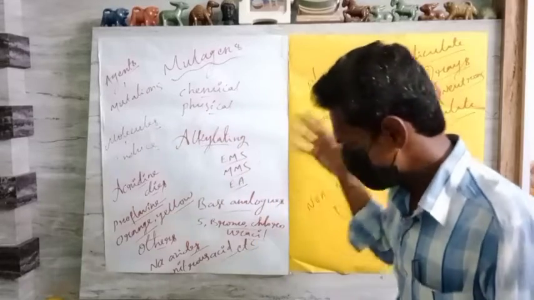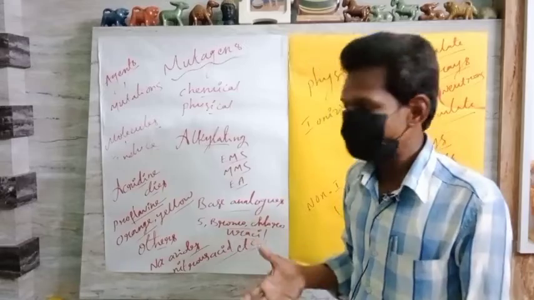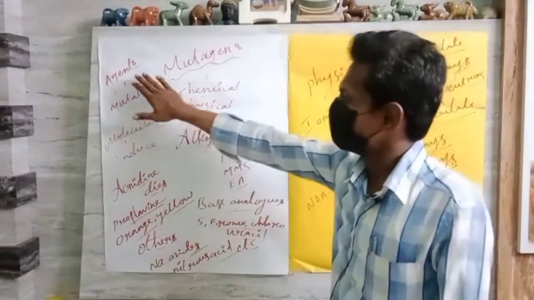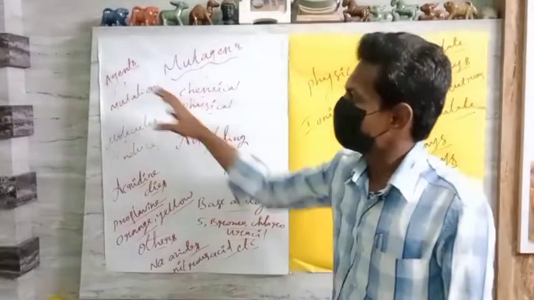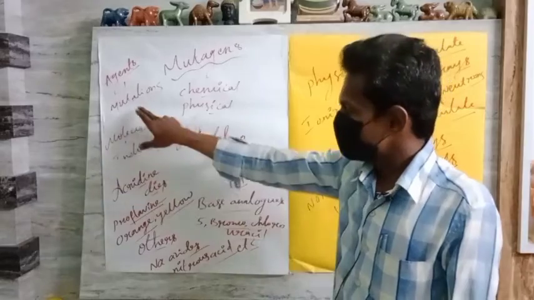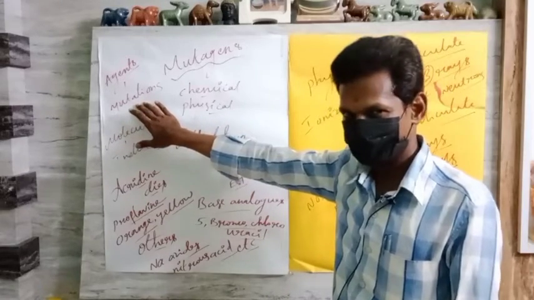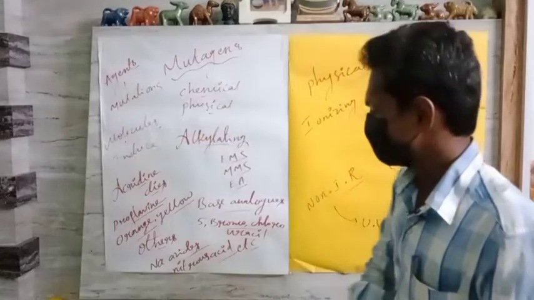So these mutagens are nothing but a type of vector or causative substances, factors, simply we can call them agents. Mutagens are nothing but agents which are responsible for mutations in organisms, plants, birds, insects, animals, humans, whatever it may be.